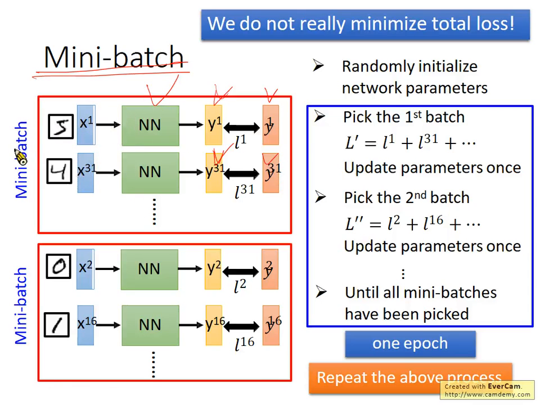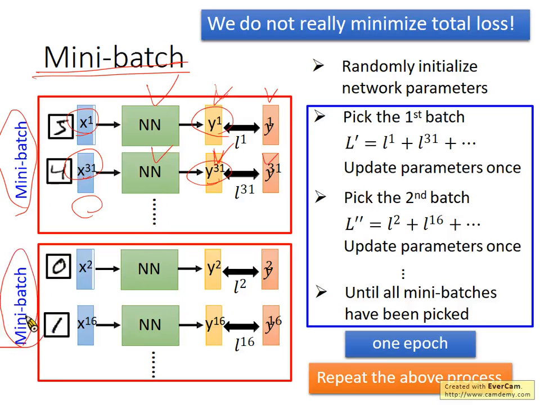For example, in the first mini batch, we just take the first training data, the number 31, number 61, and so on, put them into the neural network, get the predicted result of this subset, and calculate the total loss of this subset. Based on this subset total loss, we adjust the parameters of the neural network. So this is called one mini batch.